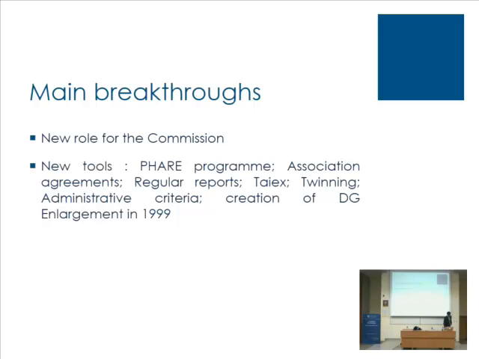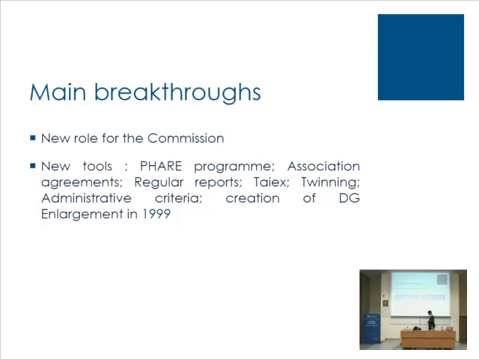So, political criteria can be divided into two basic dimensions. The first one is democracy and the rule of law. The second one is human rights and protection of minorities.